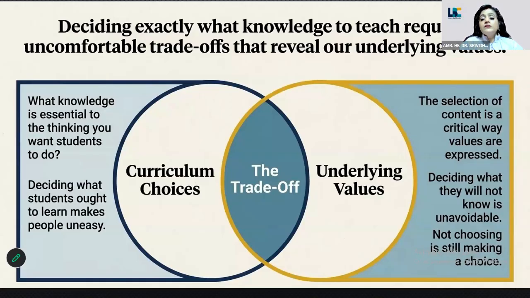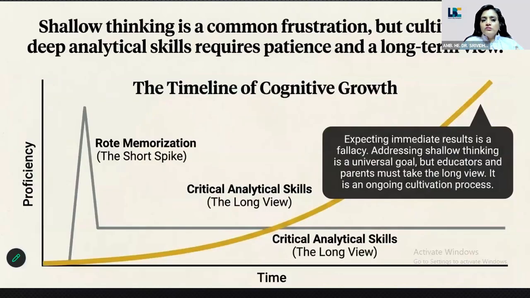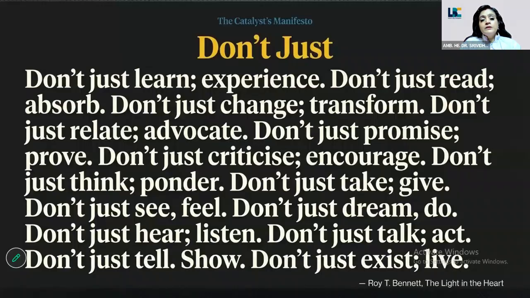So deciding on what they will know is definitely unavoidable; not choosing is still making a choice. So shallow thinking is definitely a common frustration, but cultivating deep analytical skills requires patience and the timeline of cognitive growth. So if we continuously do it, definitely our results are going to be very good.